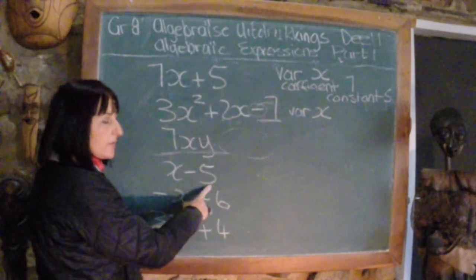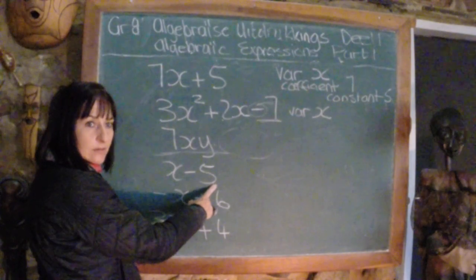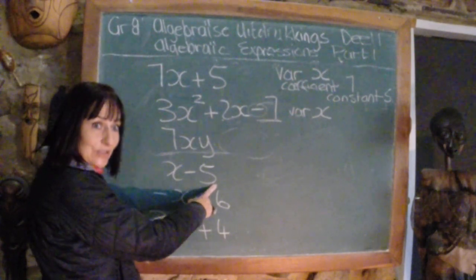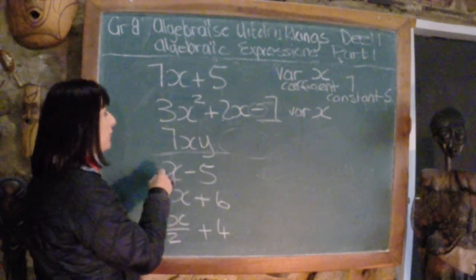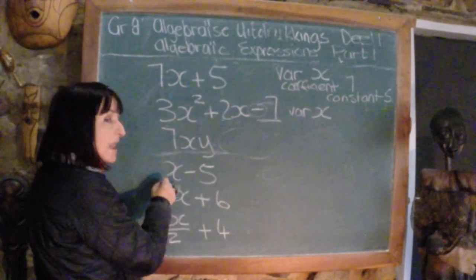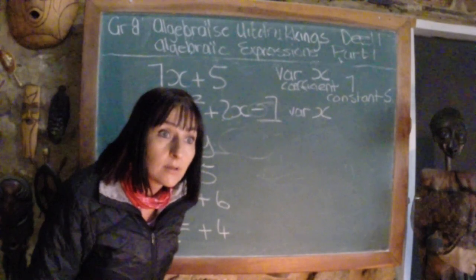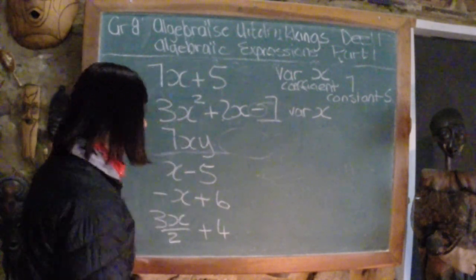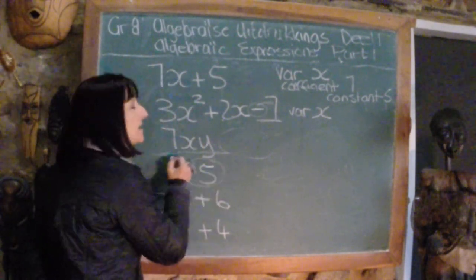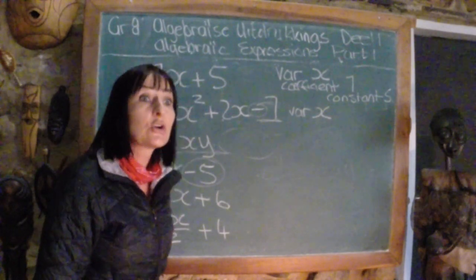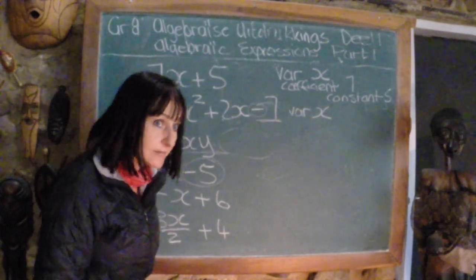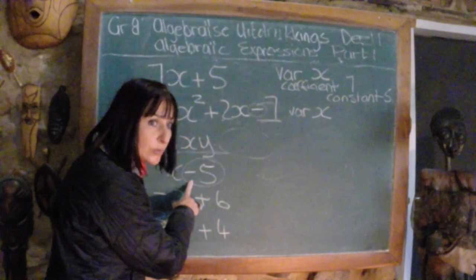What's the variable in this expression? X. Good. And the coefficient that's attached to the x, if there's nothing standing in front, what is standing in front? No, the minus 5 is the constant. Isn't it? Minus 5 is standing alone.